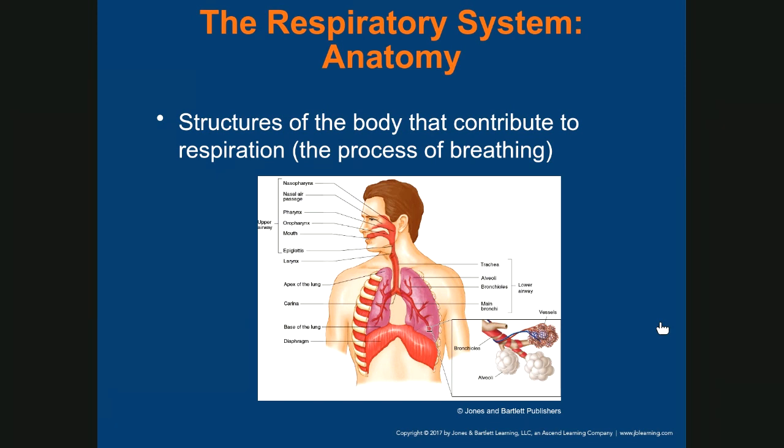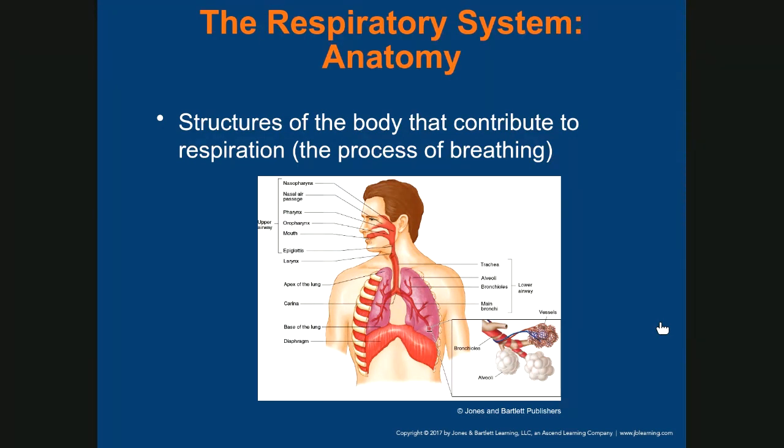So yes, we need to understand these 3 processes clearly, because when you have a patient that is having a respiratory problem, that patient can have a ventilation issue, an oxygenation issue, or a respiration issue, right?